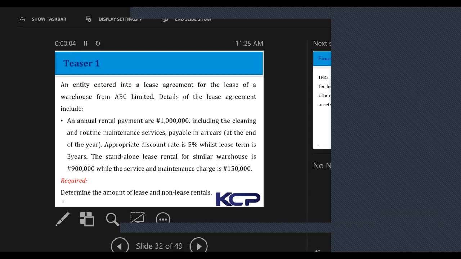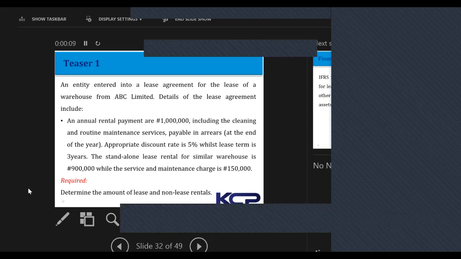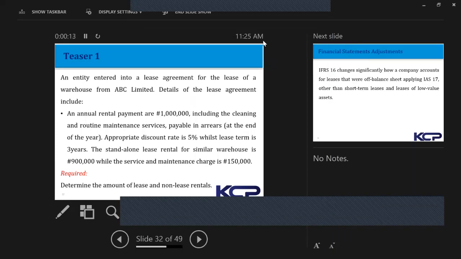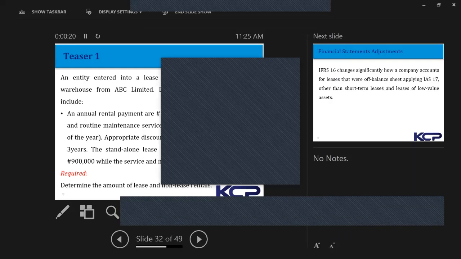As far as IAS 17 is concerned, you will simply recognize these as an expense by debiting the rental expense and crediting the means of payment or the accrual, right?